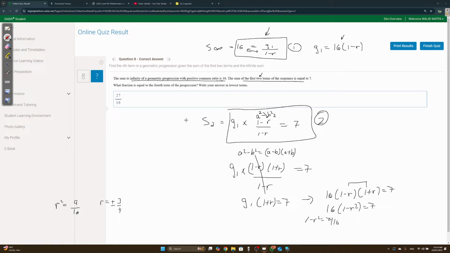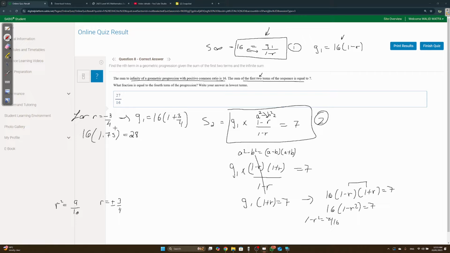Because if you take r as negative 3 over 4, g1 is going to be equal to 16 times (1 plus 3 over 4), because it's 1 minus, but minus minus. So you're going to get 16 times 1.75, which is 28.